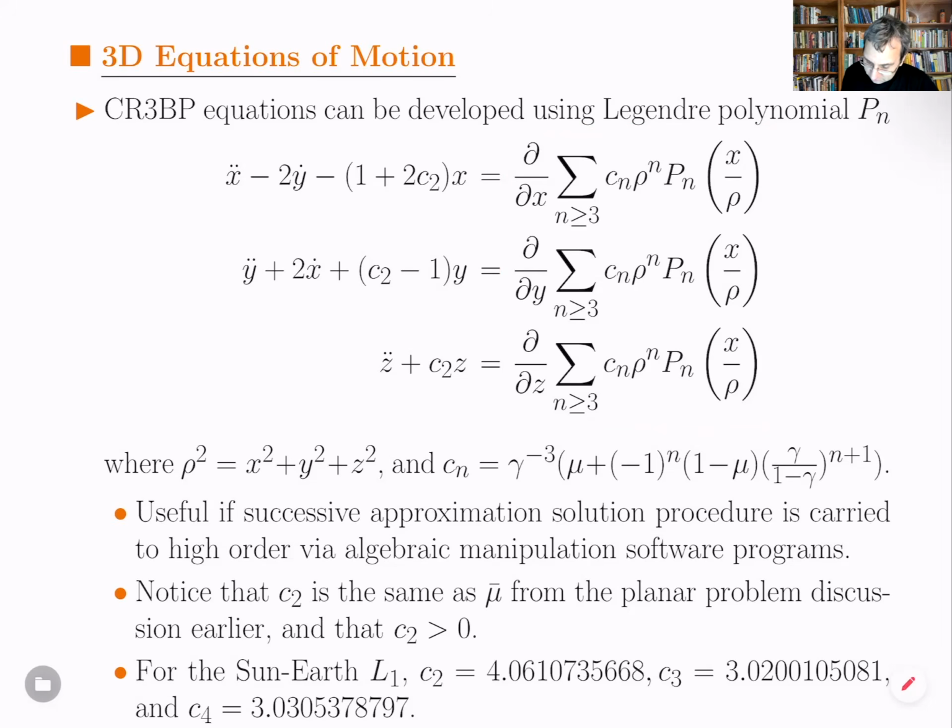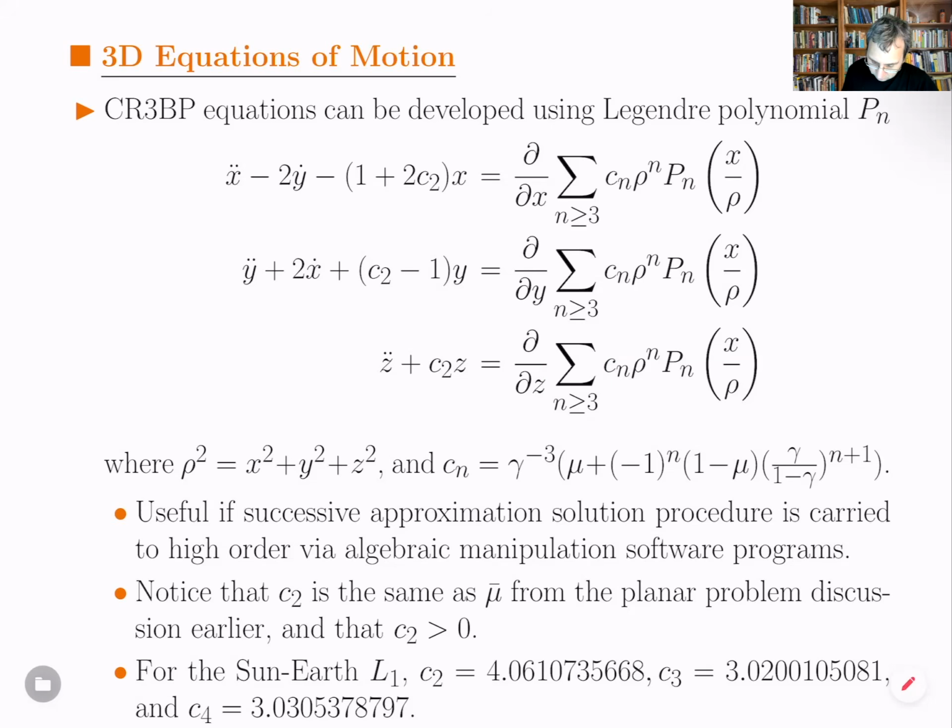So there are these constants Cn, and Cn is a function of mu and gamma, and also n, which is an integer. So this is a sum of terms, n from 3 to infinity, or as high as you want to go.